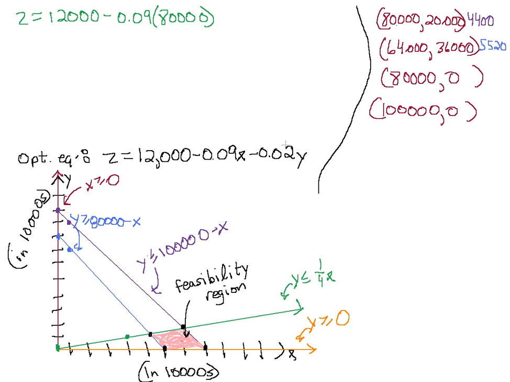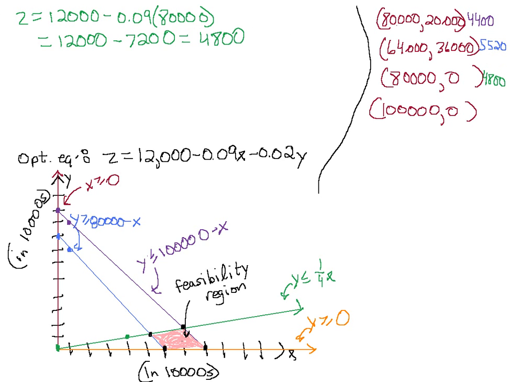So anything times 0 is 0. We don't even need to write that last bit of information. So we have 12,000 minus 0.09 times 80,000 is 7,200, which gives us $4,800. So we'll have a return of $4,800 with this investment strategy.